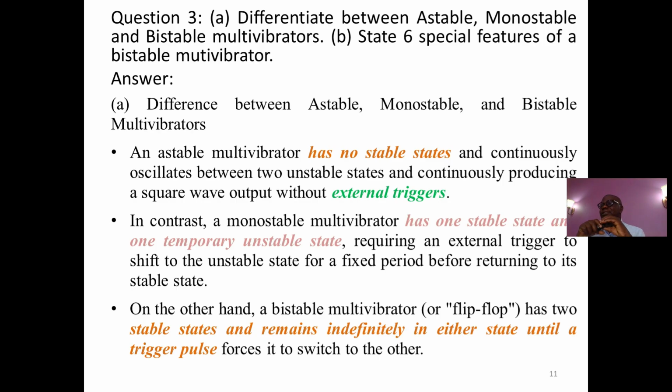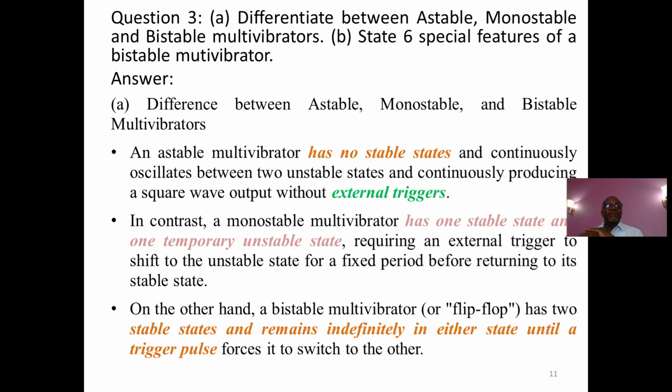As a student of electronic engineering, telecommunications engineering, as a student of engineering, you should know the difference between these three terms, and I want you to also state some special features of a bistable multivibrator. We start by differentiating between the three terms: astable, monostable, and bistable multivibrators.